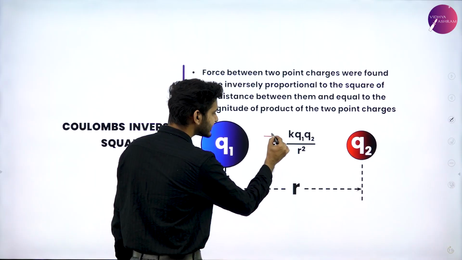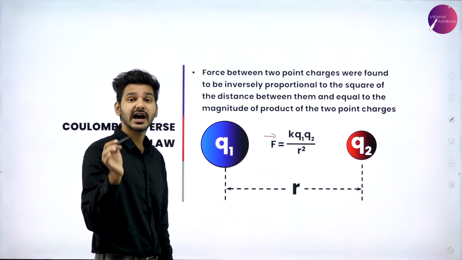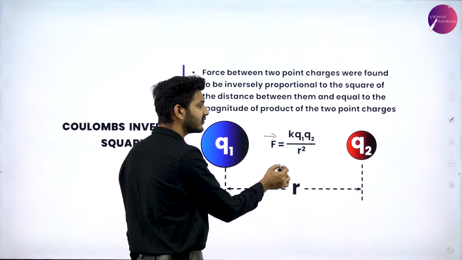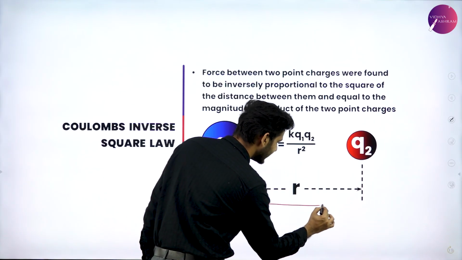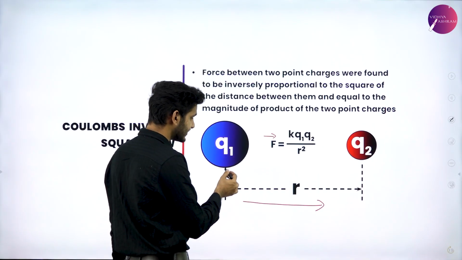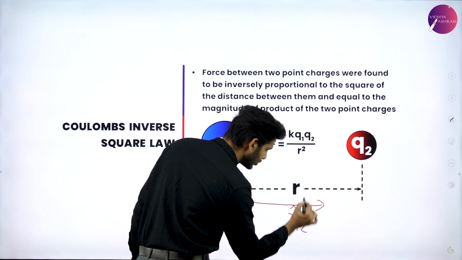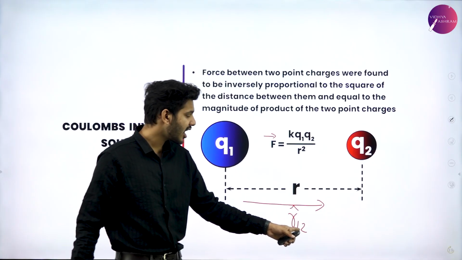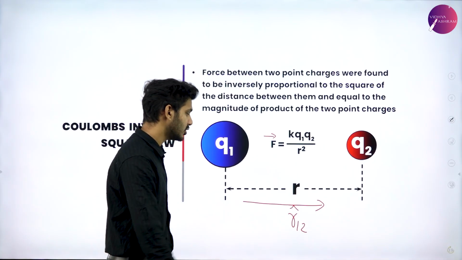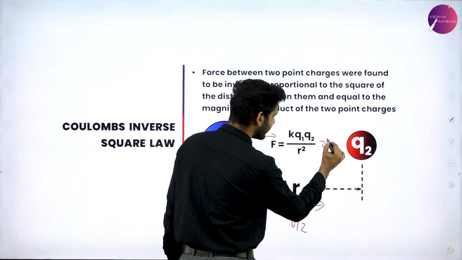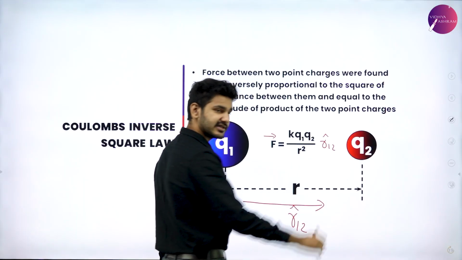And since this is a vector quantity, direction and magnitude both matter, and the force acting will be along this line. So if this is Q1 and Q2, the direction will be R12, which is represented by R12 cap, or you can simply call it unit vector R12, and we can denote it like this.